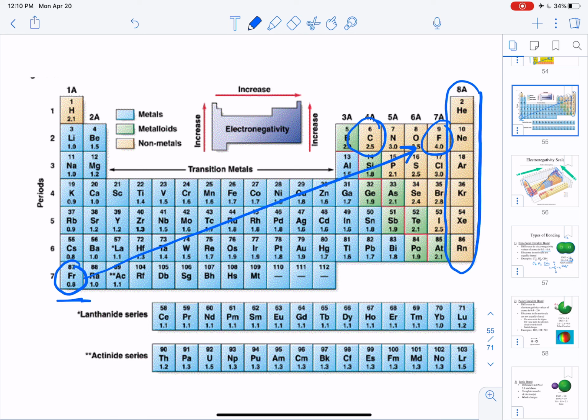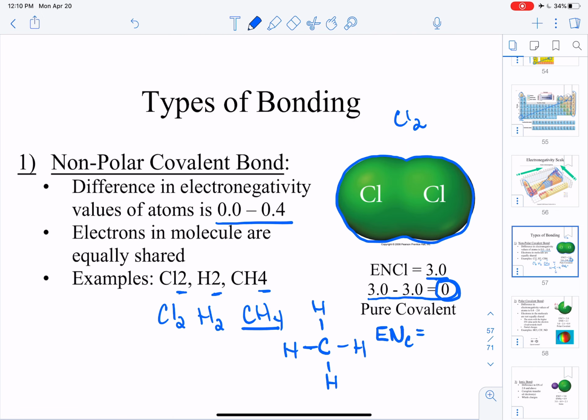And the electronegativity value for hydrogen is 2.1. So the difference in electronegativity is 2.5 minus 2.1, and that is 0.4. And 0.4 still qualifies as a nonpolar covalent bond.